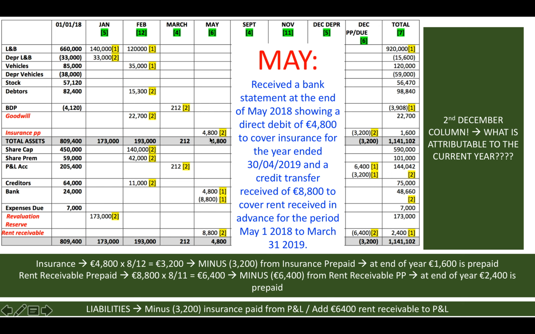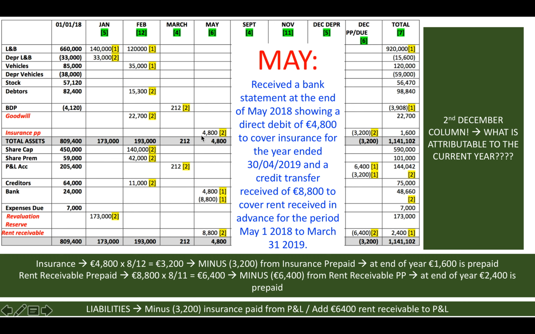So how much of this insurance relates to 2018? Now, there was no insurance prepaid at the start of the year. 4,800 was for 12 months, but we have 4 months prepaid for next year. Okay, so 4,800 multiplied by 8 over 12 is what relates to this year, so 8 months. So that is 3,200 there.